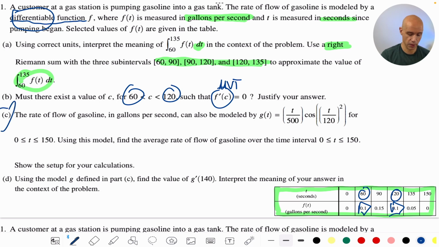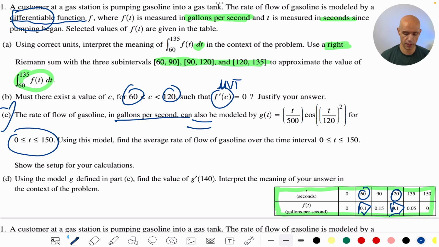Now, question number C. The rate of flow of gasoline in gallons per second can also be modeled by this function. So we have a table or a function, and there is this cosine of t squared expression, which looks quite complicated, but very nice, only between 0 seconds and 2 minutes and a half, 150 seconds. Using this model, find the average rate of flow.